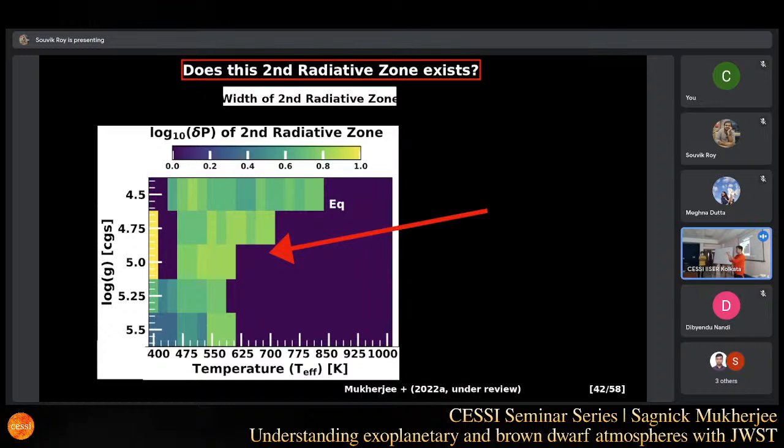Basically, if you look at some spectra, you can tell if it's disequilibrium or equilibrium. And the pressure width of the secondary tube. No, it's just some unit, it's not normalized.